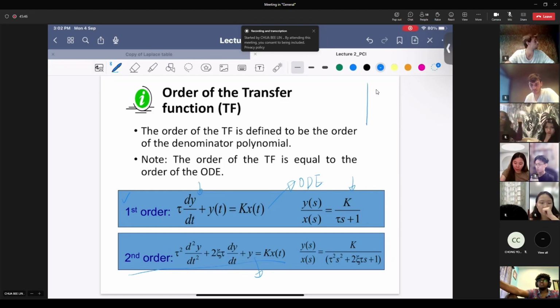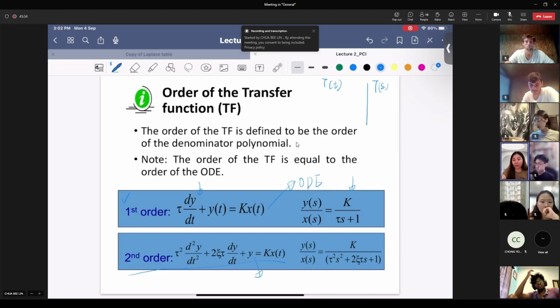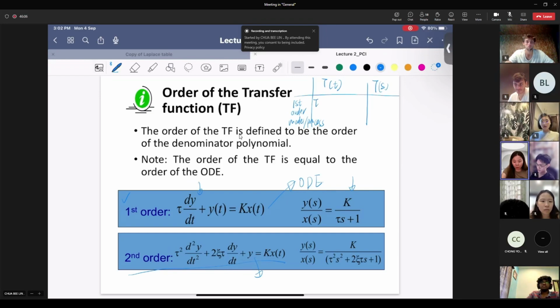So we have T, for example, as a function of time, and T as a function of s. If it is a first order model or process, the equation will be, for example, tau dT/dt plus T equals K X as a function of time.